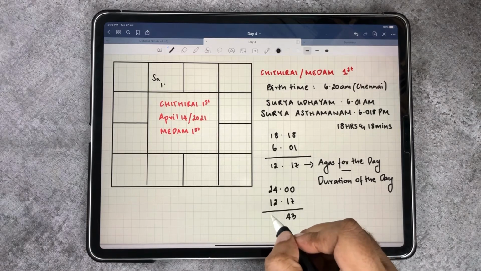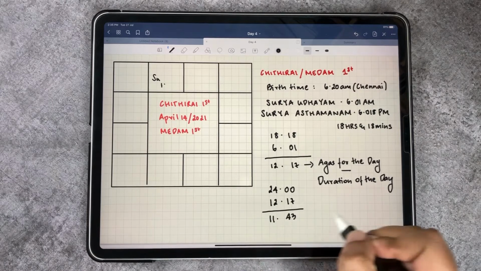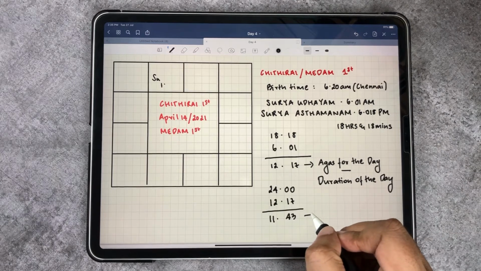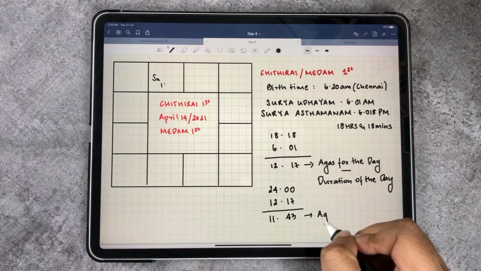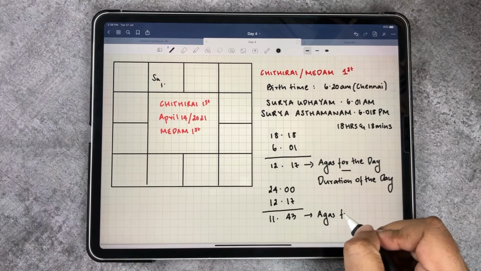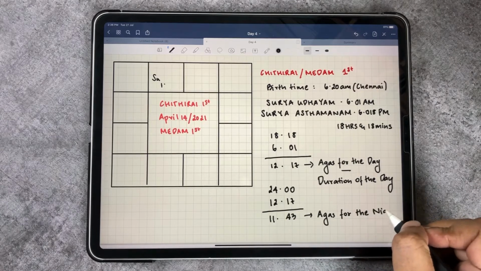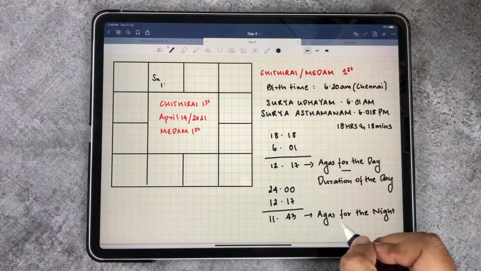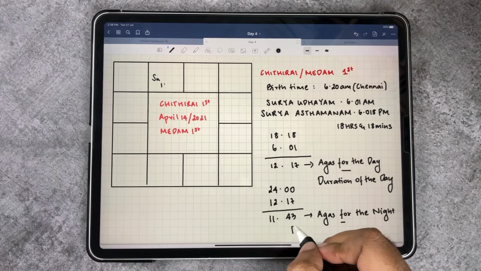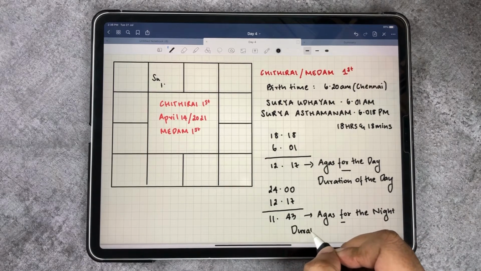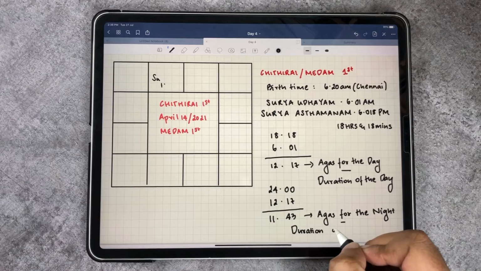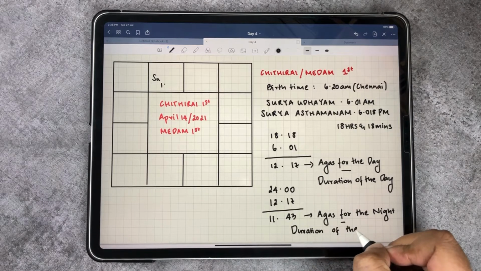So you would have 11 hours. So this would be the Agas for the night or the duration of the night.